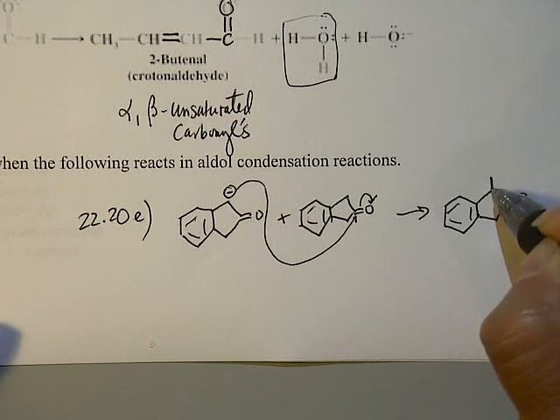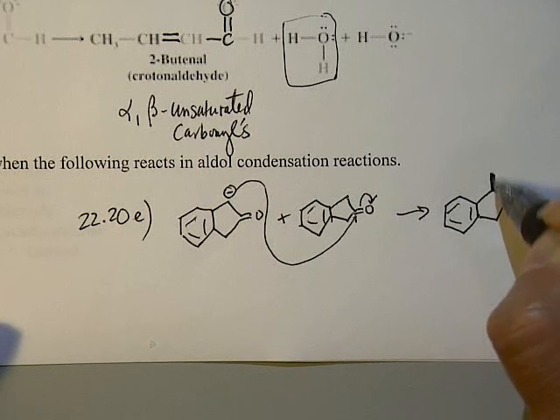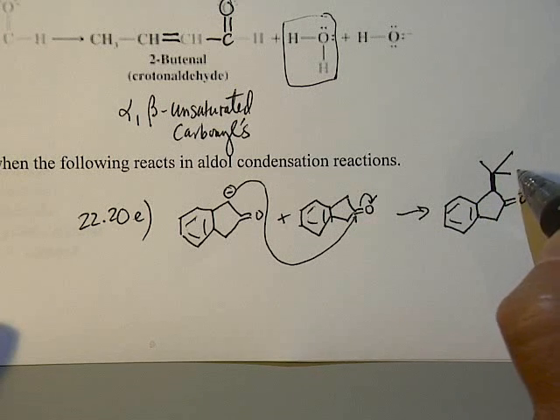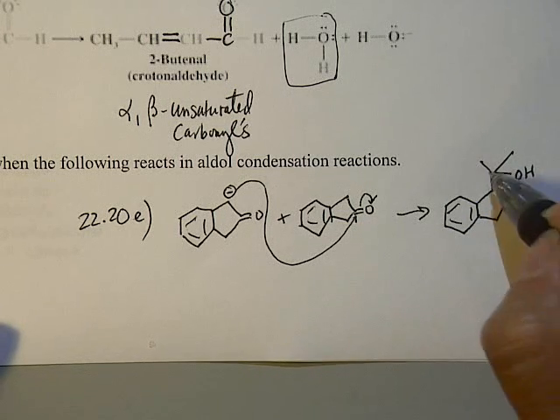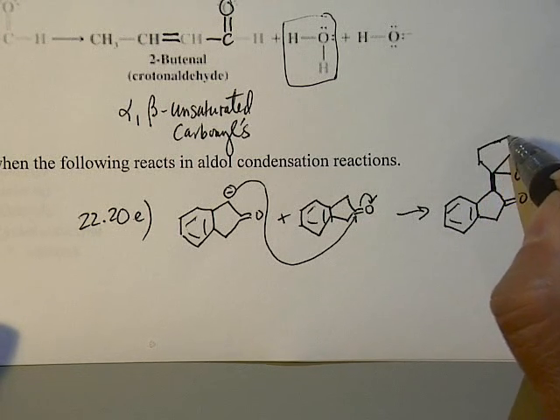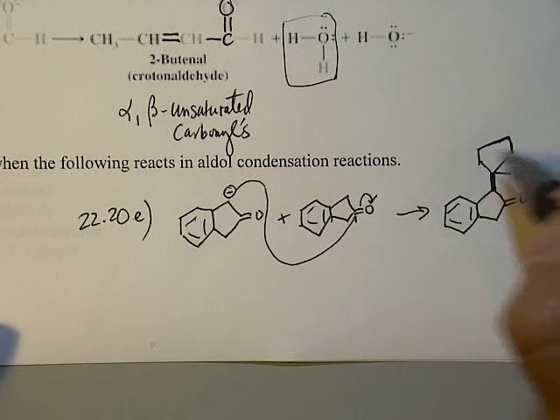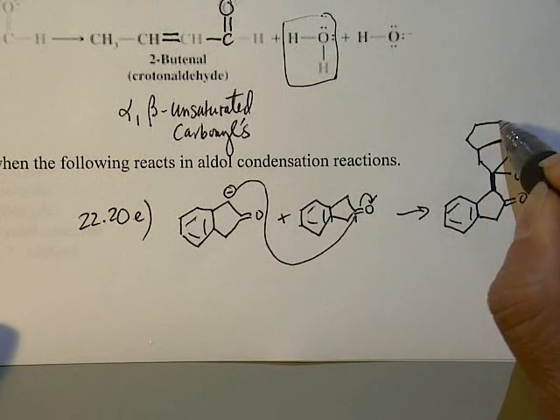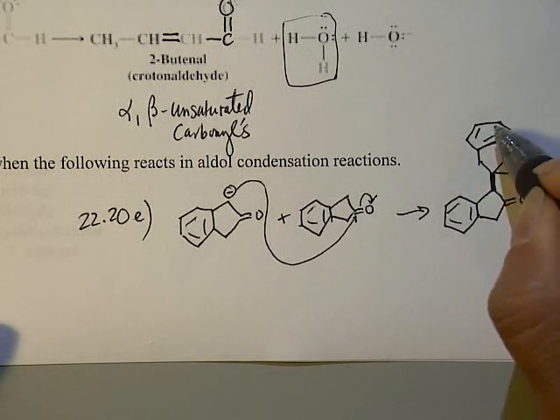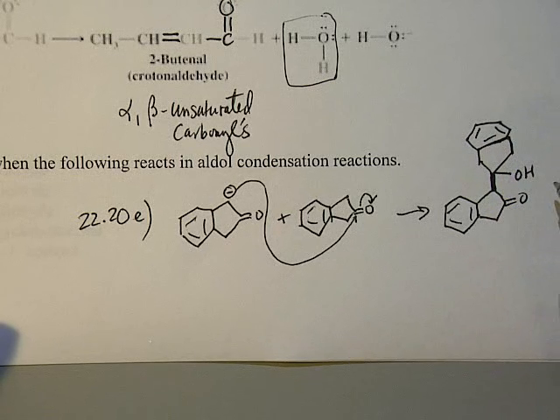So you're making a carbon-carbon bond, which I'm highlighting with this carbon and then this carbon, which is part of the ring. So this is going to have OH now, right? And that's going to be part of a 5-member ring, in which that's attached to the benzene ring. All right.